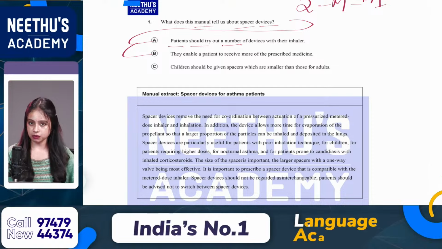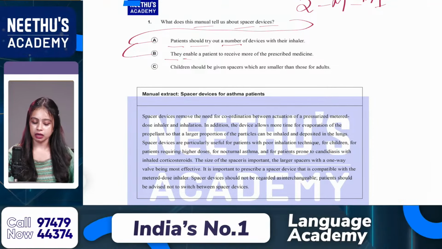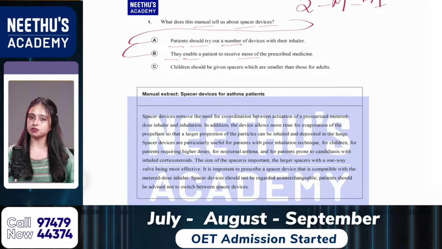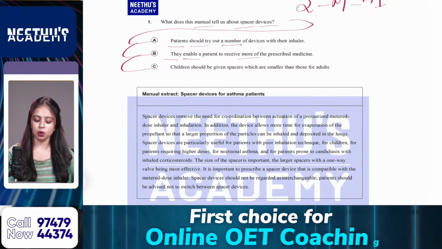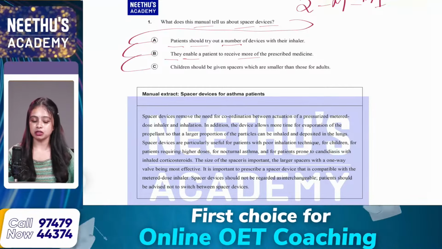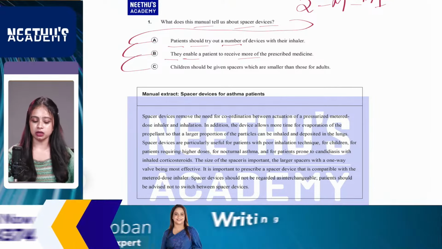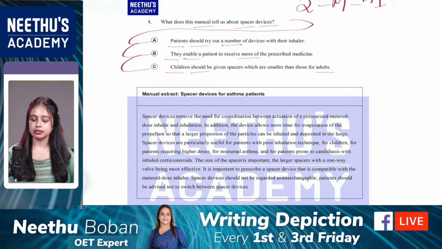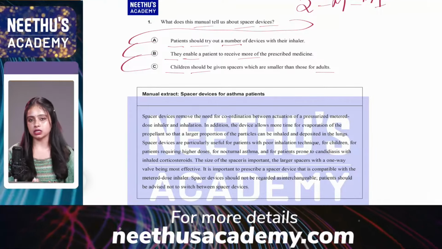Okay, so what are the keywords here? Then my keywords: they, enable and more. What about the third one? Okay, children should be given spacer devices which are smaller than those for adults. So my keywords: children, should, then adults. Understood? So these are my keywords from these 3 options.